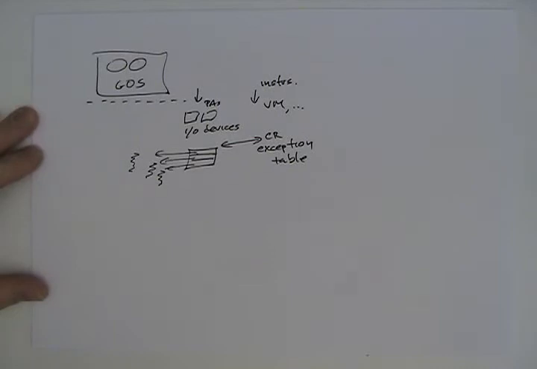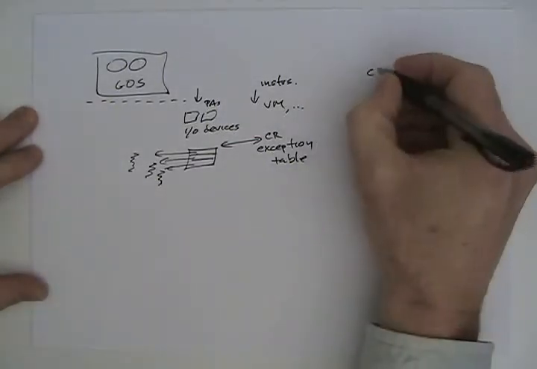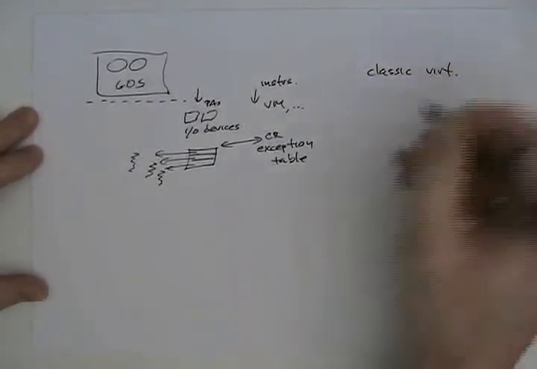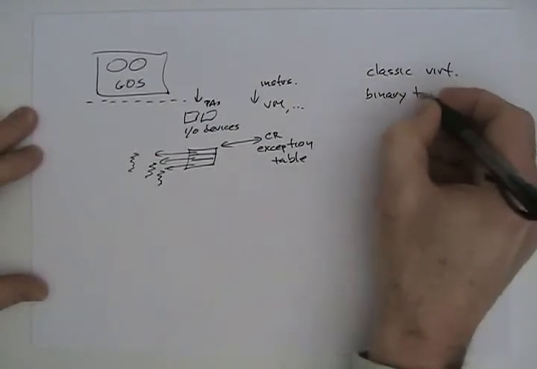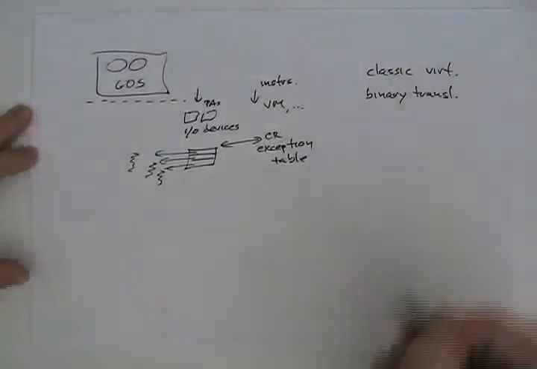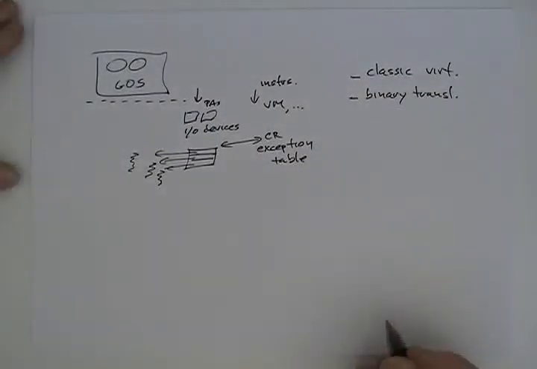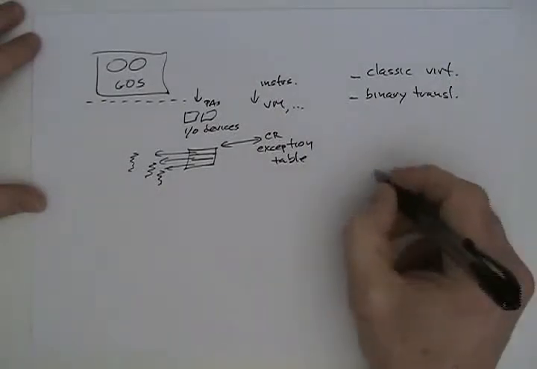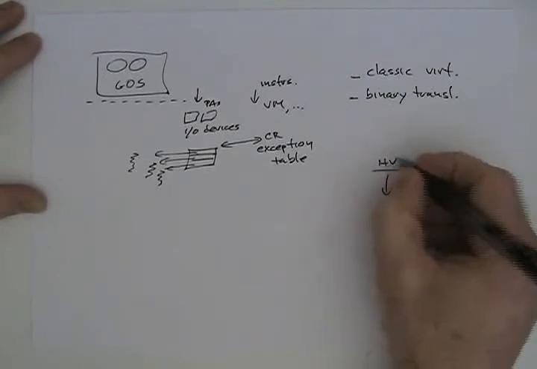Now, in the case of either classic virtualization or binary translation, in both of these cases you have a hypervisor which runs on top of the regular machine.